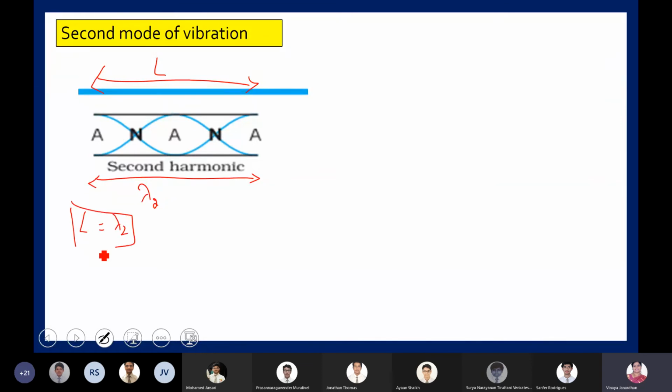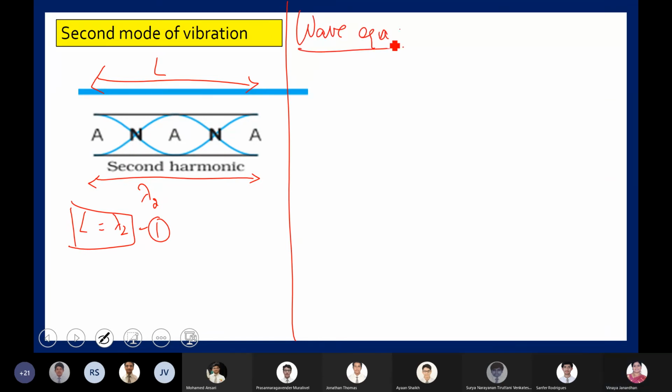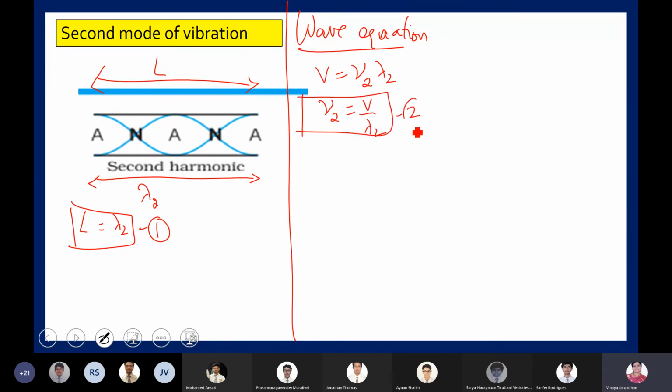So that becomes equation 1. Then, according to your wave equation, V is equal to nu 2 lambda 2, or nu 2 is equal to V by lambda 2. So this will be equation 2.